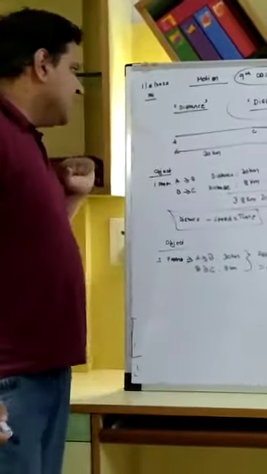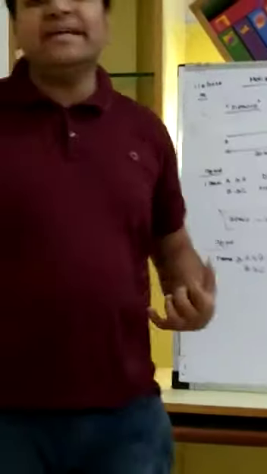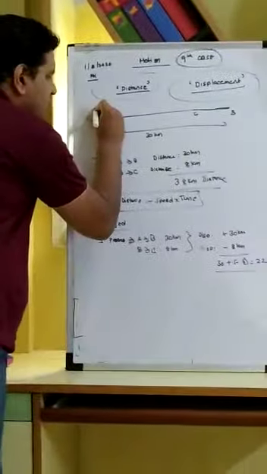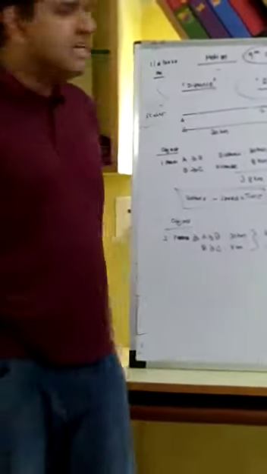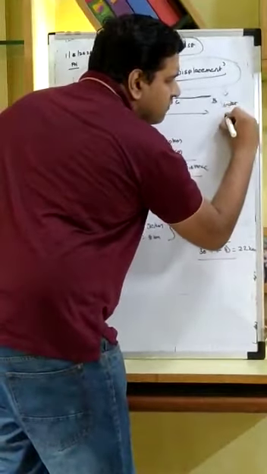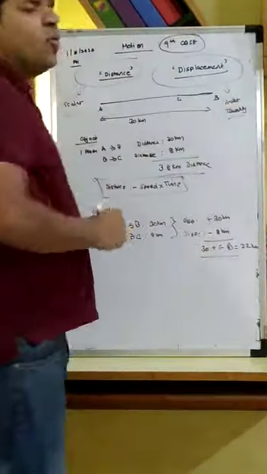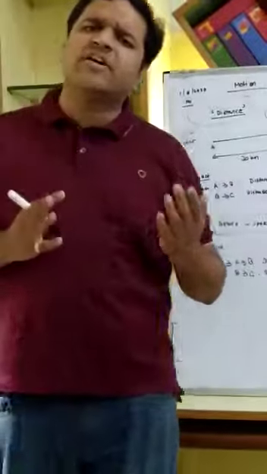So, how can you bracket distance and how can you bracket displacement in that case then? Distance is what I call a scalar quantity. Displacement is what I call a vector quantity. Now, what is the difference between a scalar quantity and a vector quantity?